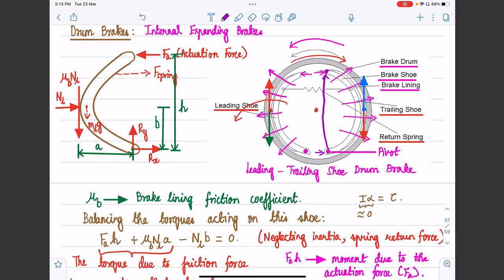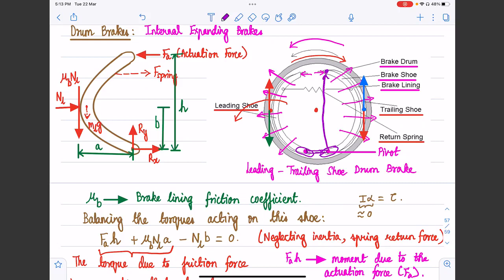So what is now being done is that we use what is called a duo servo brake, wherein these pivots are in fact placed in slots to accommodate for any adjustment. And there is an adjustment mechanism which connects the two brake shoes.